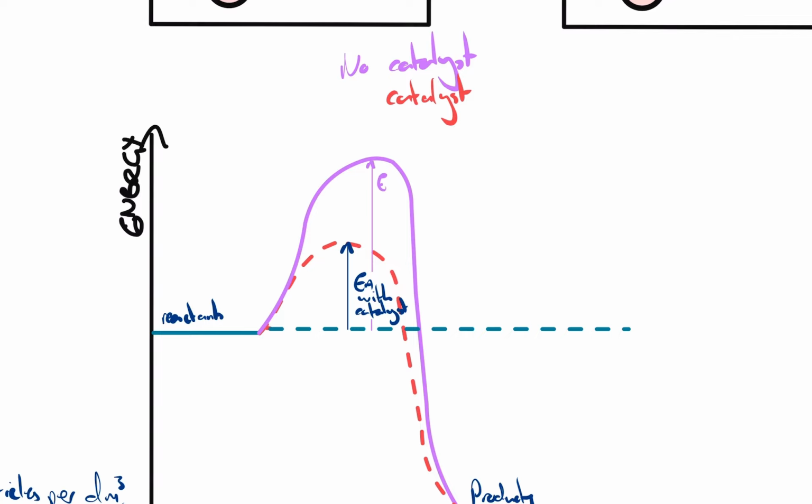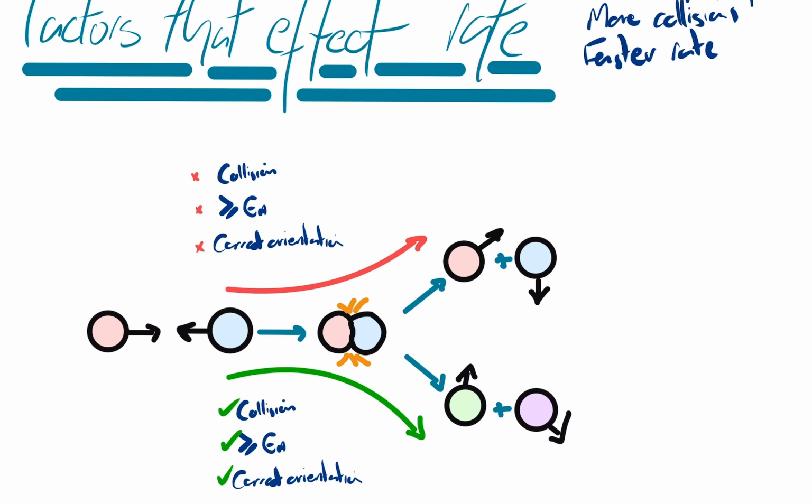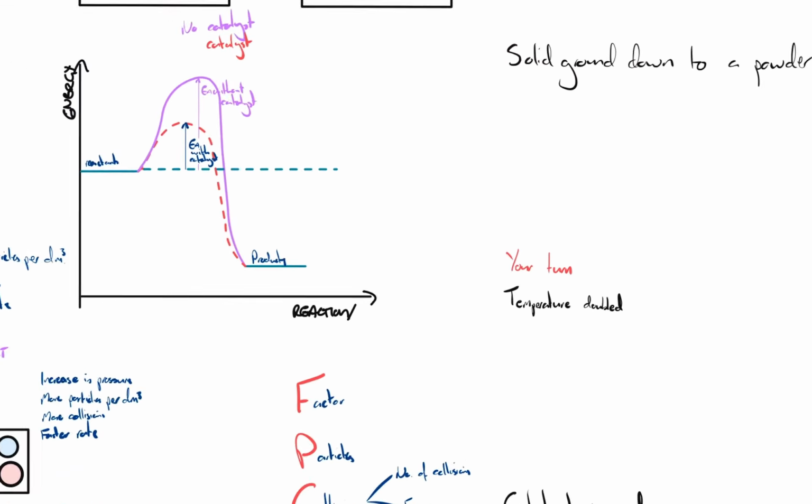And this represents our activation energy without catalyst. So the point here is that once we add a catalyst, our activation energy is lowered. So if we come back here, even if we have the same number of collisions, now we've got a lower activation energy. It means more of these collisions are going to result in a reaction, right?